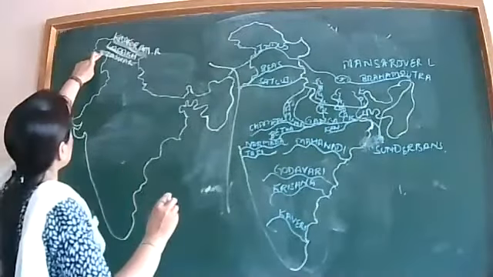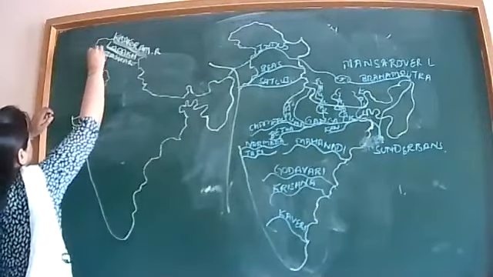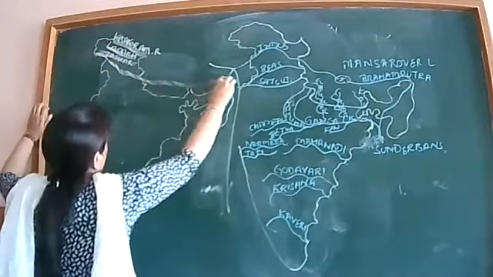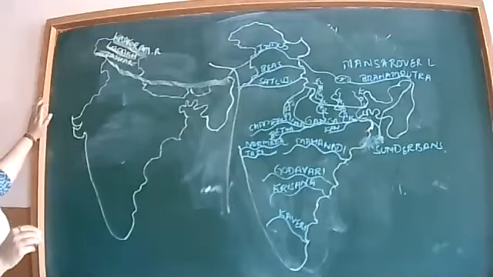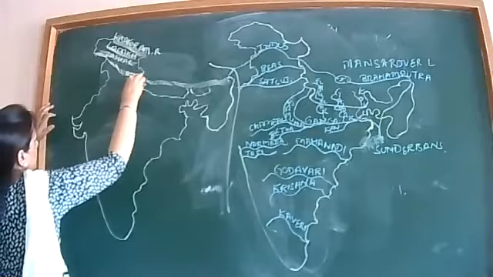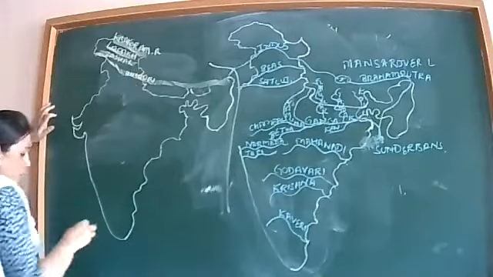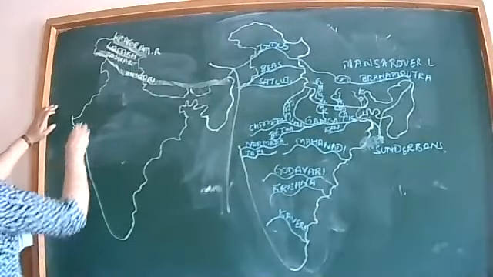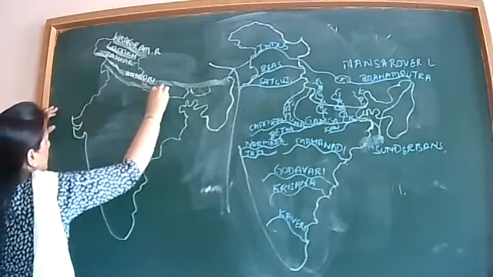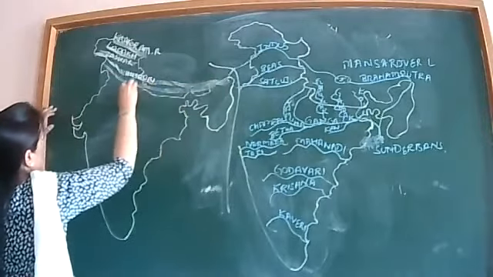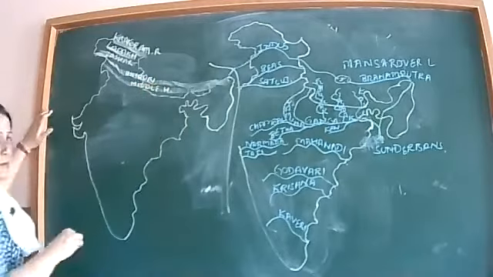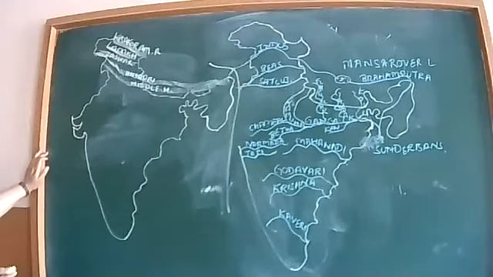Below Zaskar range, starting off, Upper Himalaya, or Himadri. I'm writing down here. Below Himadri, we have Middle Himalayas, or Himachal.